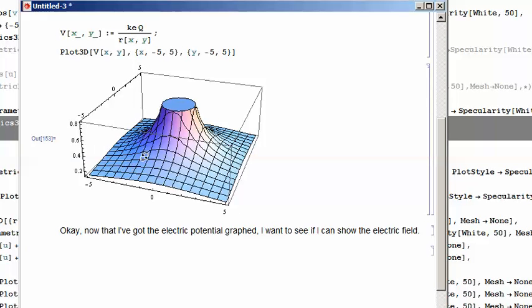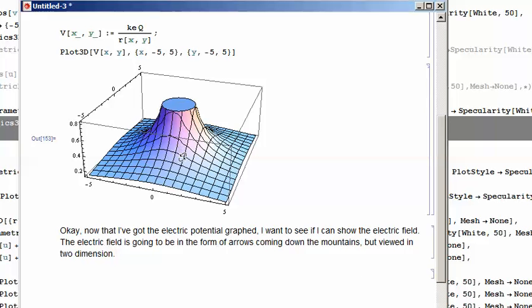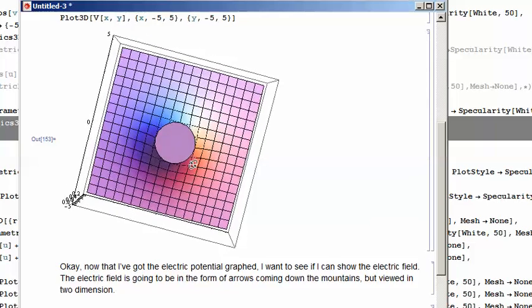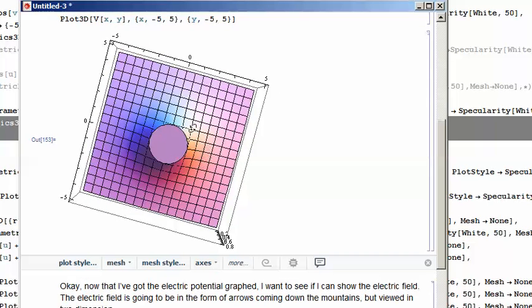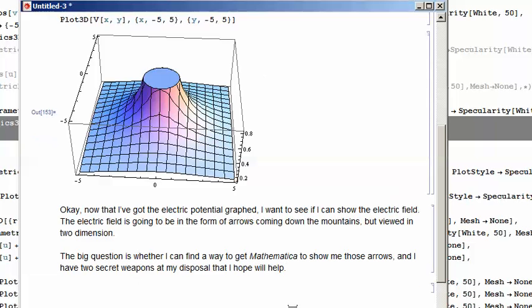Okay, now that I've got the electric potential graphed, I want to see if I can show the electric field. The electric field is going to be in the form of arrows coming down the mountain, but it's going to be viewed in two dimensions, so the arrows will just come out radially from the center. The big question is whether I can find a way to get Mathematica to show me those arrows.